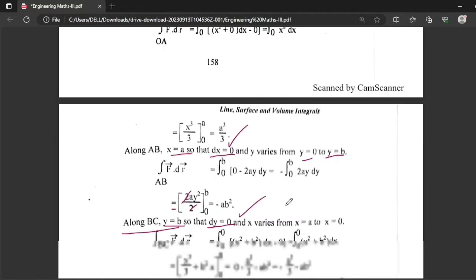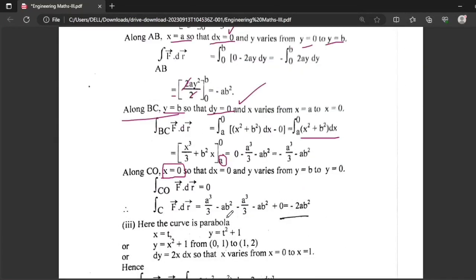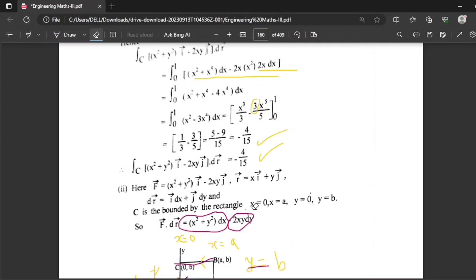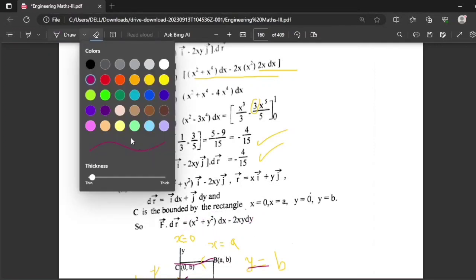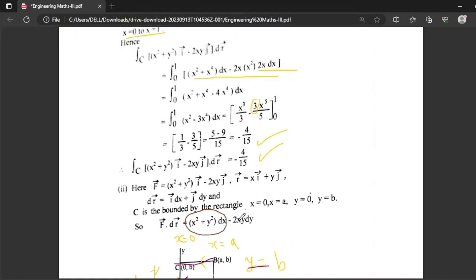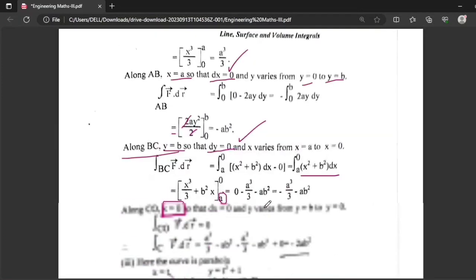Here dx is 0 and x is 0. 0 multiplied by something is 0, and 0 multiplied by any number is 0. So 0 minus 0 is 0.